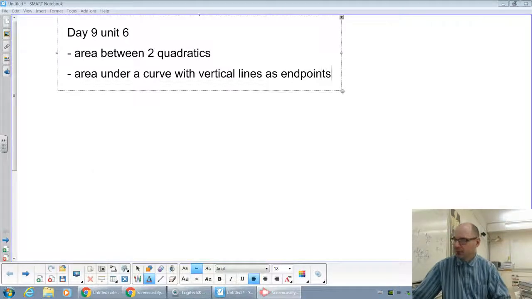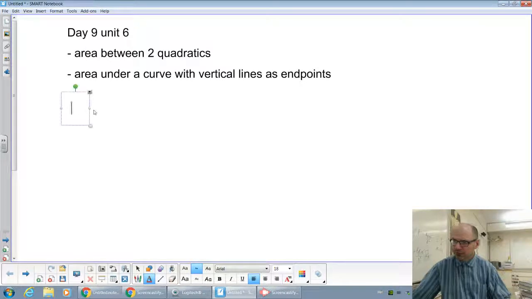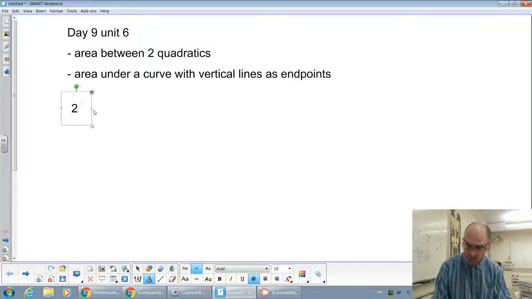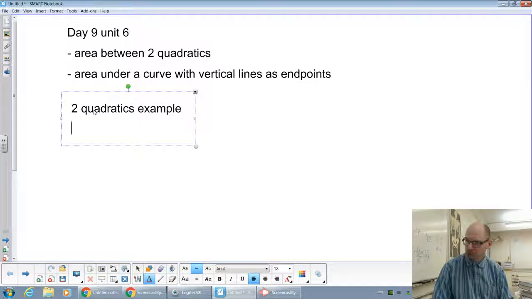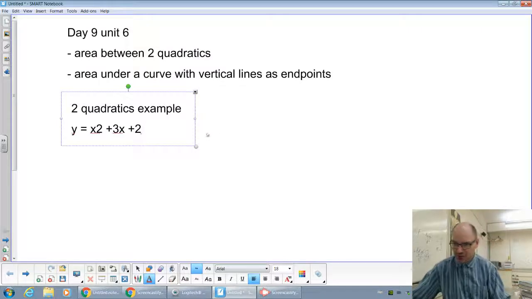Okay, so let's do this example here. Let's say that this is a two quadratics example. So we're going to go with y equals x squared plus 3x plus 2. Okay, let's get that squared in there.